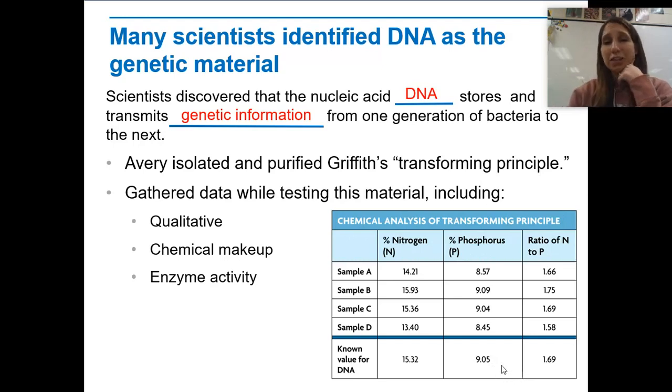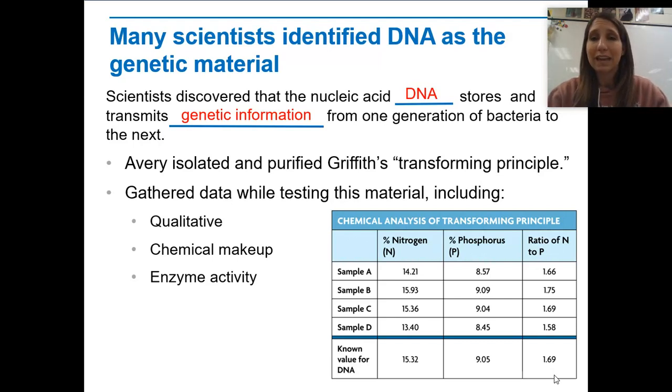DNA contains nitrogen and phosphorus in a ratio of about 1.5 to 1, 1.69 to 1. So in general, for every one phosphorus atom that we see, 1.5 to 2 nitrogens, somewhere in that range. So it's not exactly at one number, but that's kind of our average for any kind of sample of DNA.